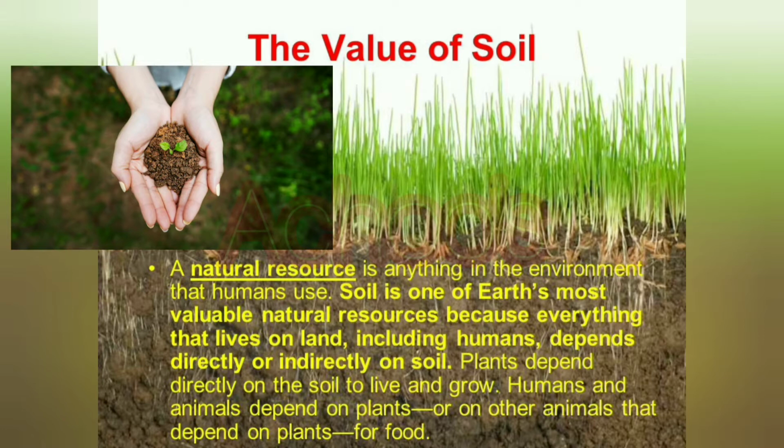Soil is also one of the earth's most valuable natural resources because everything that lives on land, including humans, depends directly or indirectly on soil, right? So plants depend directly on the soil to live and grow. Humans and animals depend on plants or on other animals that depend on plants for food.